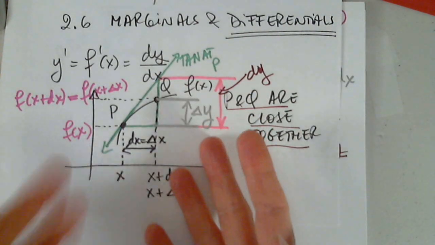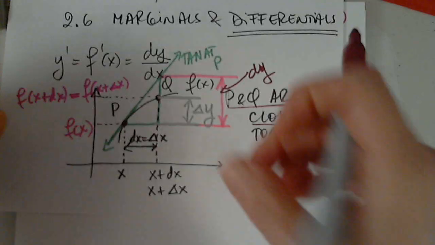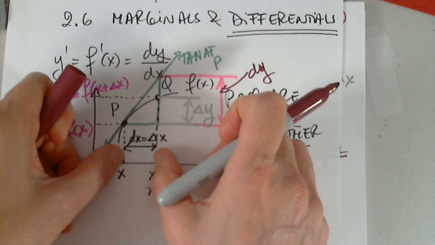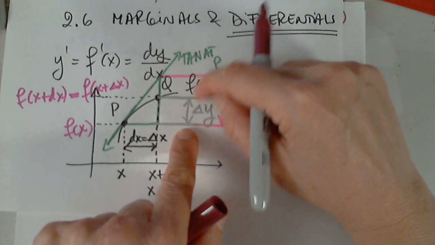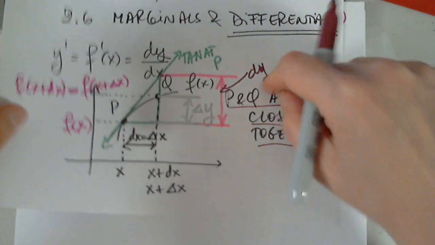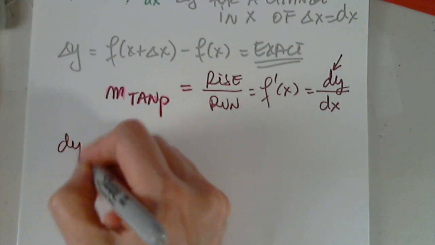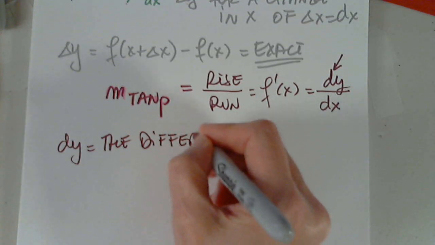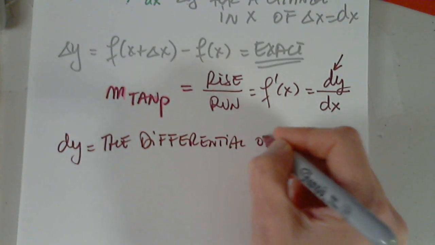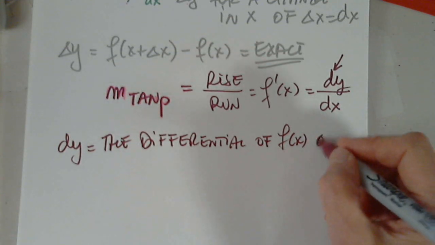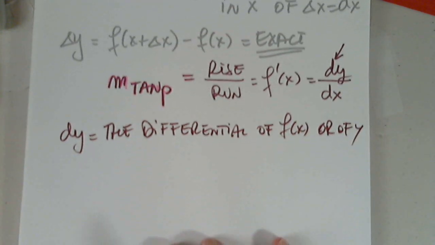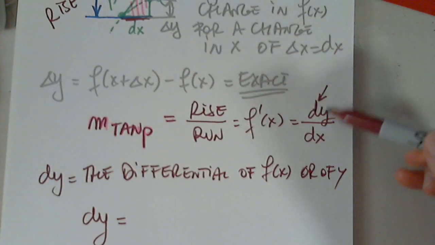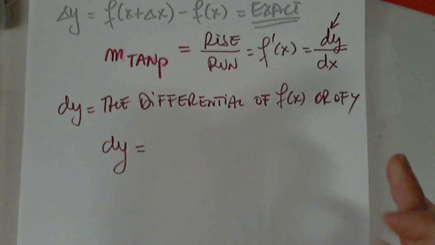Yes, it doesn't appear to be small here because I zoomed in, but Q is very, very close to P. So when dx is a small number, these two will be close to each other. So dy is the differential of f of x or of y, same thing. So what does it equal to? Cross multiply, and you get f prime of x dx.